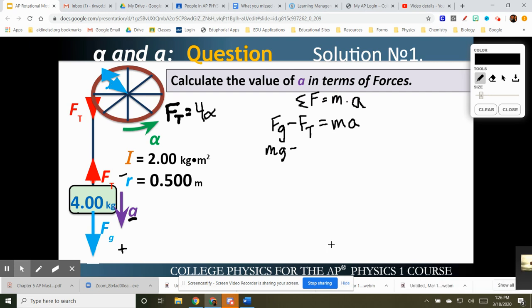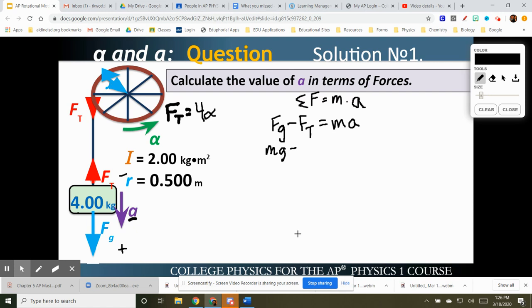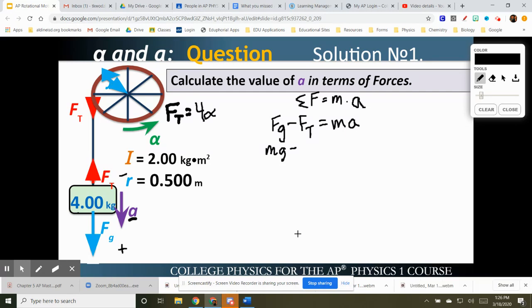So I wouldn't substitute for FT quite yet because we don't have a number for angular acceleration. So let's just keep FT as FT right now, and we'll show you why later.